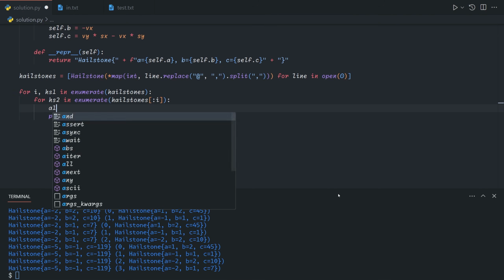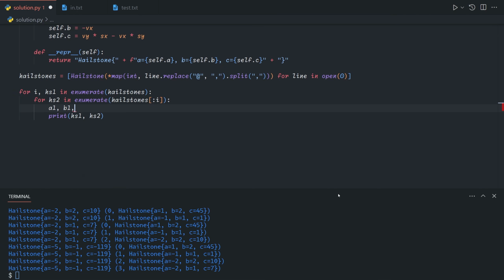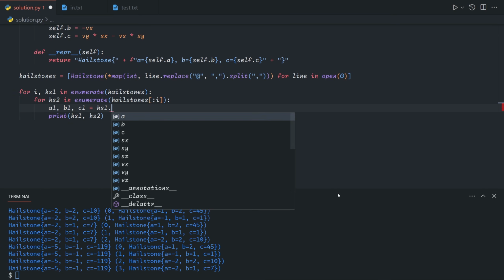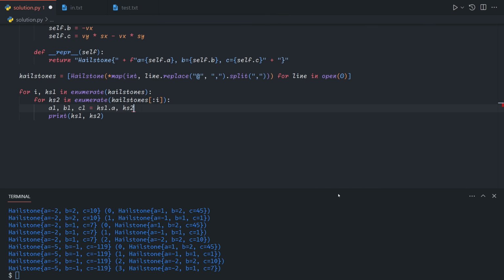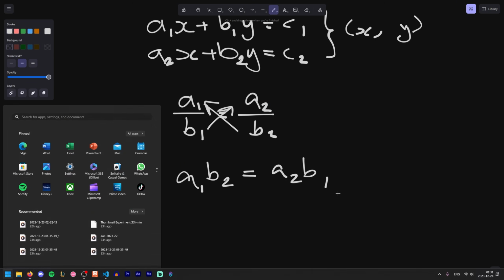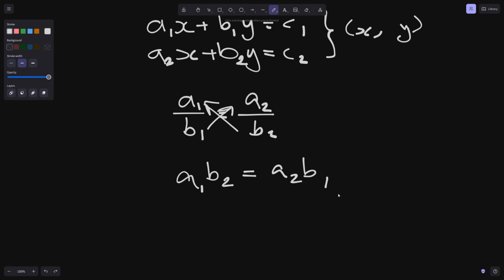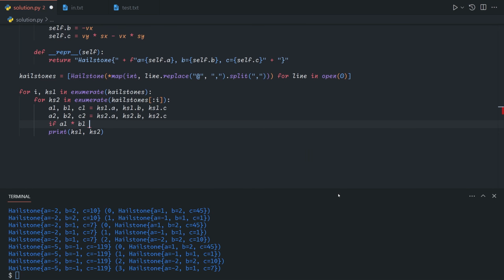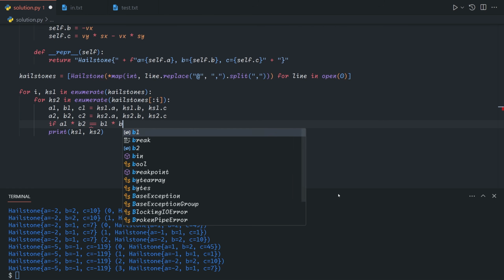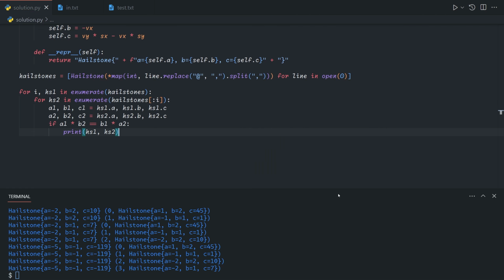let's rewrite this like this to make it a bit simpler. So a1, b1, c1 is hs1.a, hs1.b, and hs1.c. Okay, so if a1 b2 is equal to b1 a2, then we can print out our hailstones.